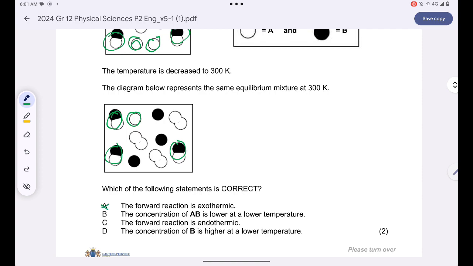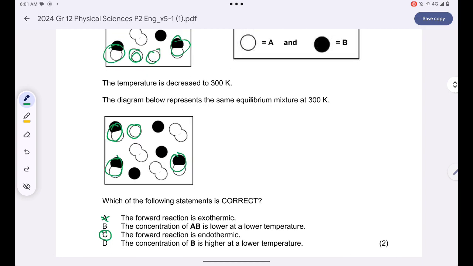Nope. The concentration of AB lowers at a lower temperature. Yes, that's true, it lowers at a lower temperature. And then the forward reaction is endothermic. This is true. We just stated that the forward reaction is endothermic.